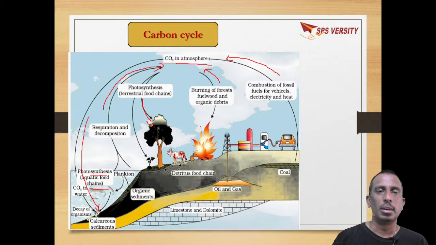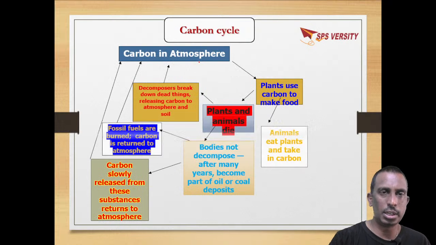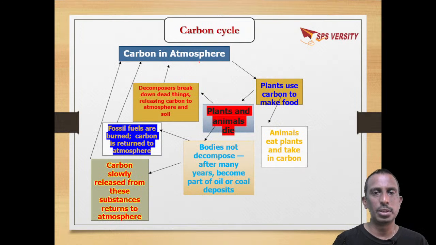So CO2 reaches the atmosphere by burning of fossil fuels and combustion, and it is used by organisms through photosynthesis and formation of calcareous sediments. Here you can see in which form carbon is used and in which form it is released.